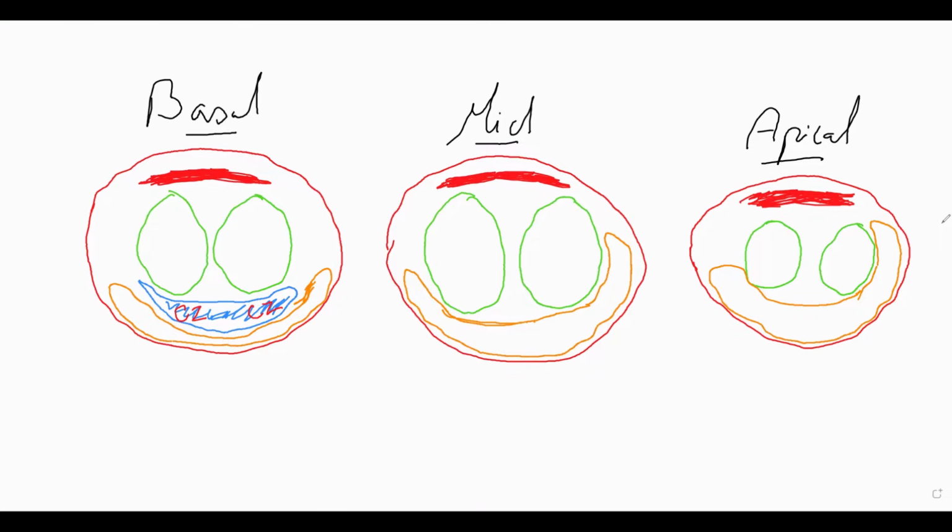Regarding the transition zone, we are dividing the transition zone on the right side into TZ anterior and TZ posterior.